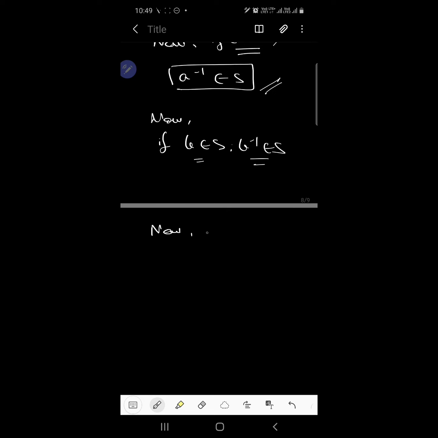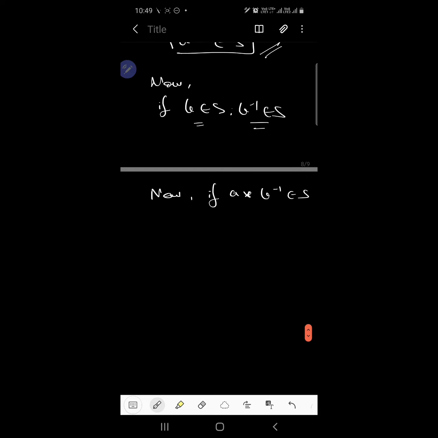Now, A star B inverse belongs to S. Here we are not considering B inverse to be a complete operation.